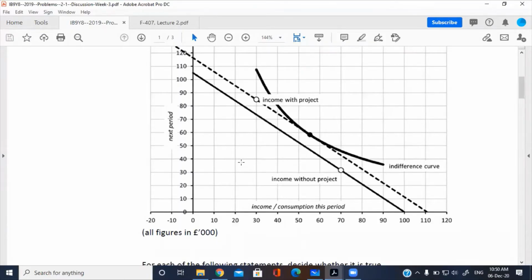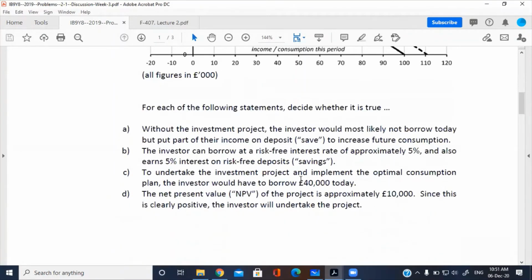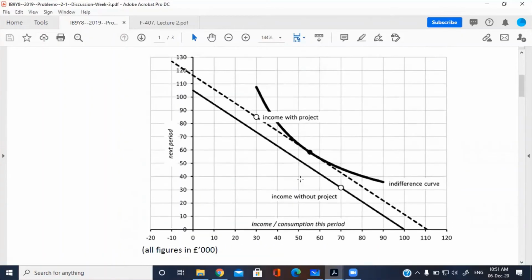Okay. You see, without the project, how much current income do we have? 70,000. We have current income of 70,000. But with the project, we will have current income of how much? 30,000. In that case, you can recognize that this project requires investment of 40,000.